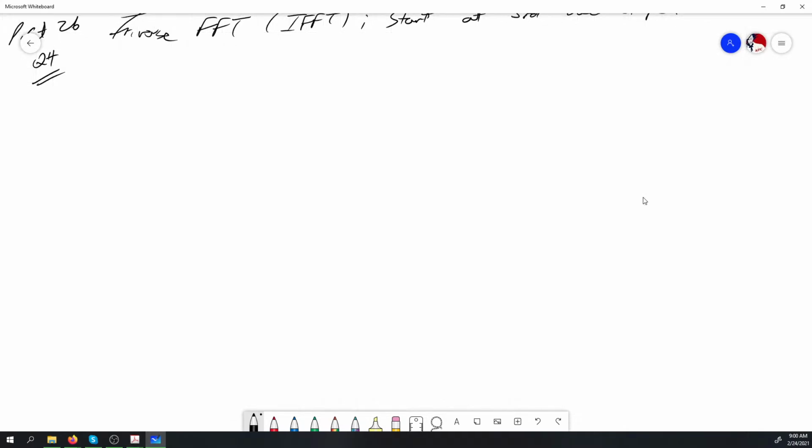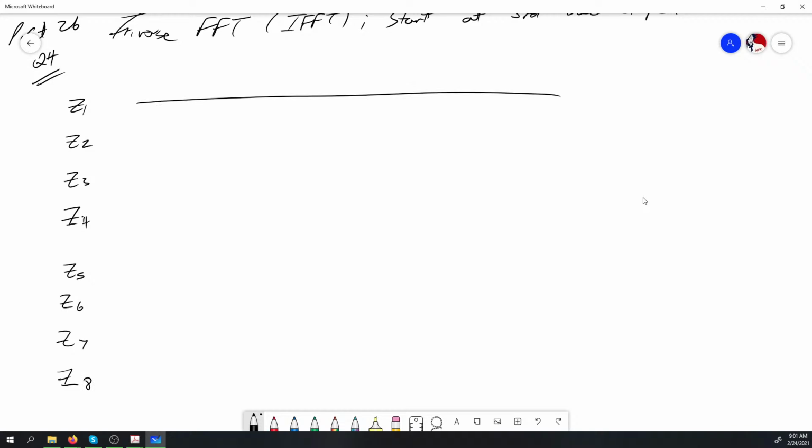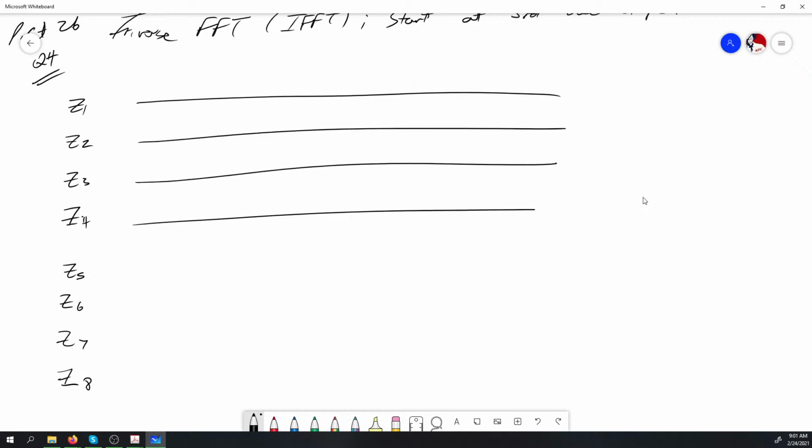So you can say Z1, Z2, Z3, Z4, then Z5, Z7, 8. And we need to draw butterfly diagrams that match back to what the calculations will actually look like.